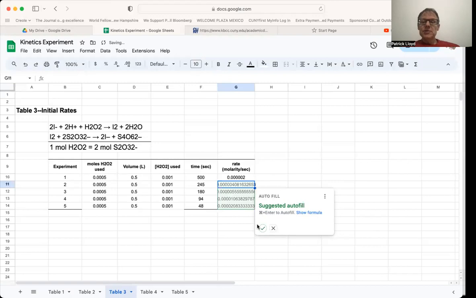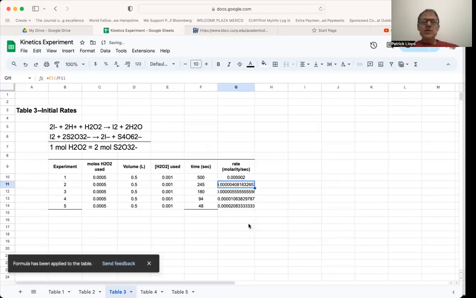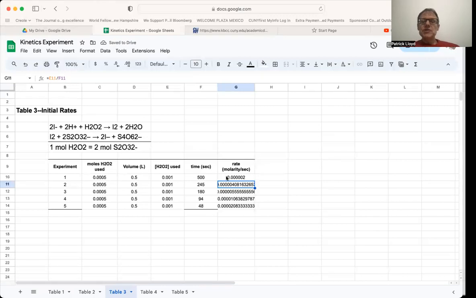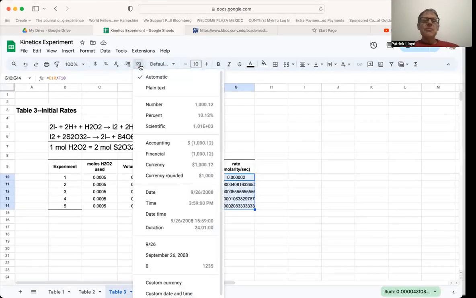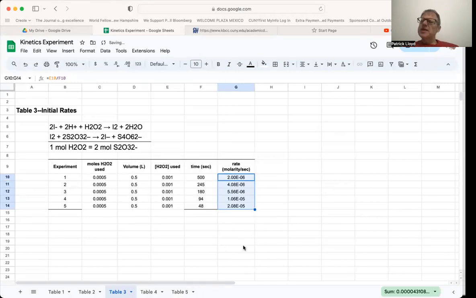Okay, let's go ahead and go there. Now, what I see here is you have a bunch of numbers. They're pretty small. There may be a way to format this using, for example, scientific notation. So if I go up to this little 1, 2, 3 for number formats and go to scientific notation, that's a little nicer looking, right?